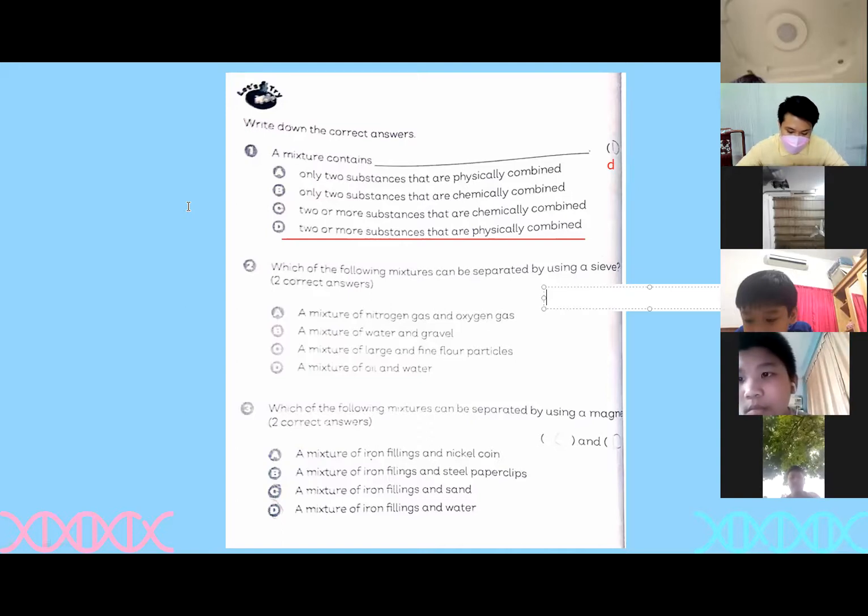You can open your book on page 29 to know the answer. A, B, C, D.